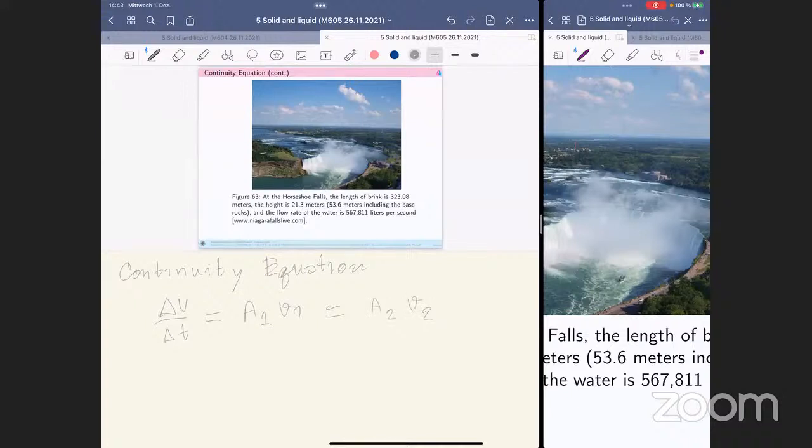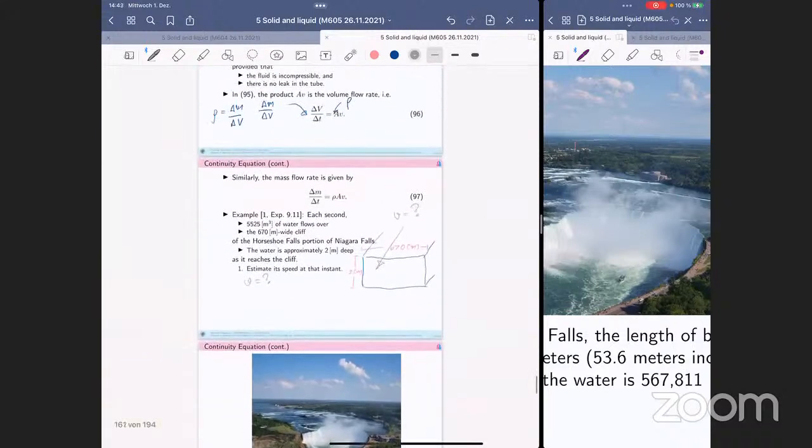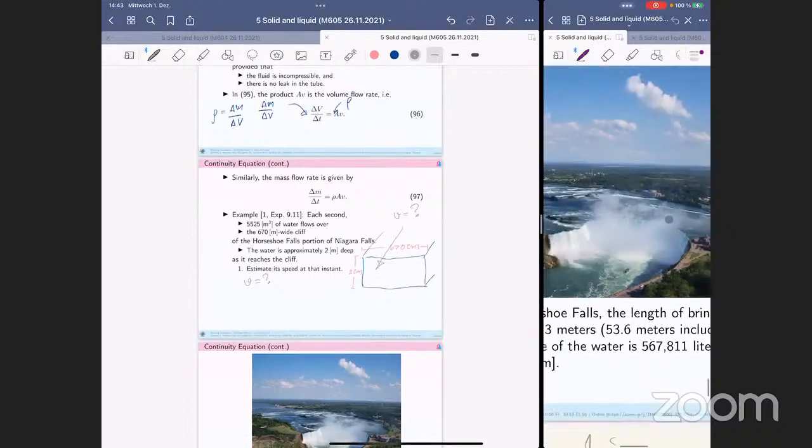Okay, but from what we have seen here, we know only the height of this water flow and the width of this water flow. Let's say we just measure the width in a straight way, but actually it's not a straight line.